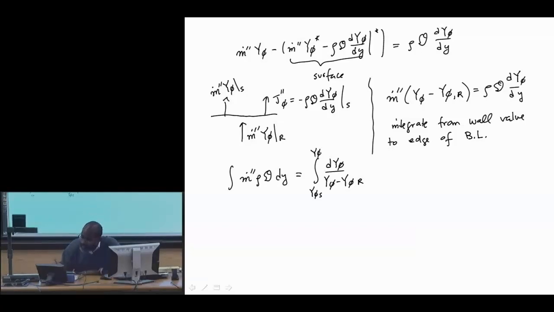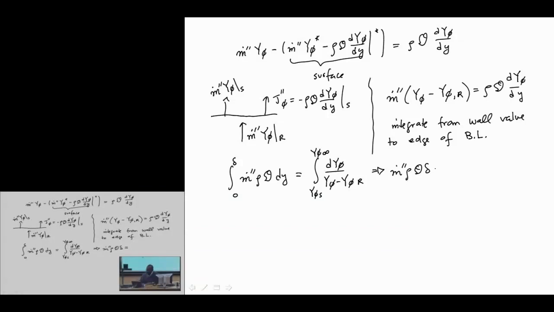So we get m dot double prime over rho d times delta. We get y, but that's easy enough to integrate. Over here, let u equal y phi minus y phi r, du is equal to d phi. We take that, we get the log between y phi s and y phi infinity. Substitute.